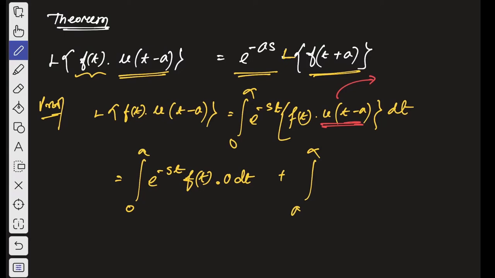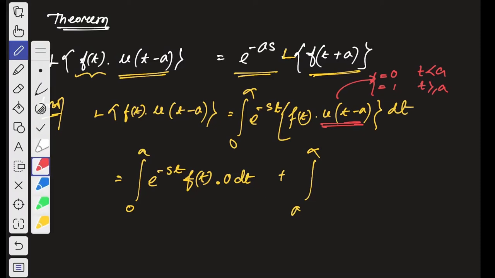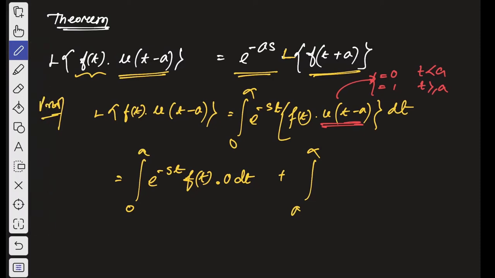This function u of t is equal to 0 for t less than a, and it is equal to 1 for t greater than or equal to a, right? So in the second part, you will get e to the power minus st f of t into 1 dt.